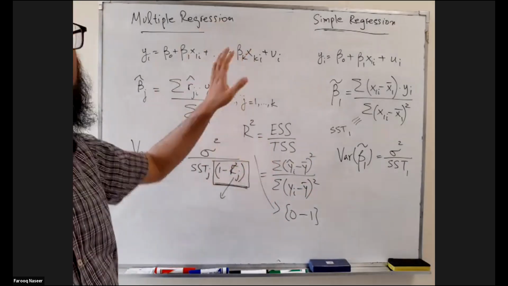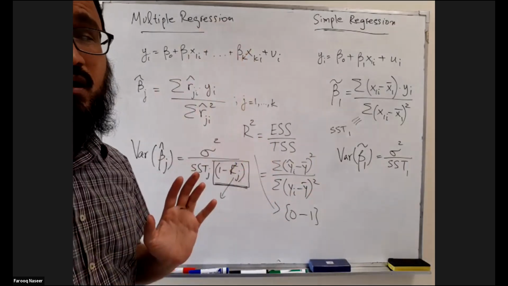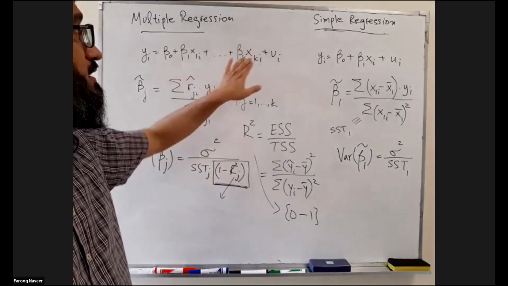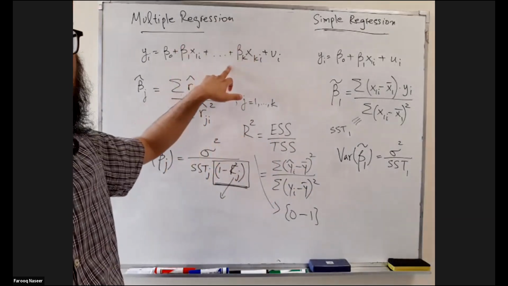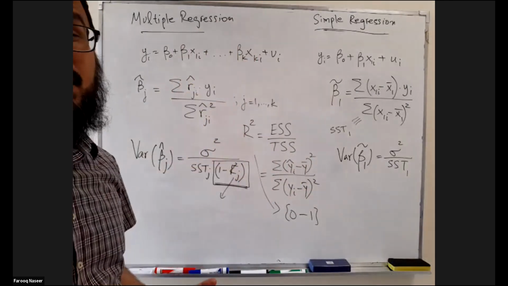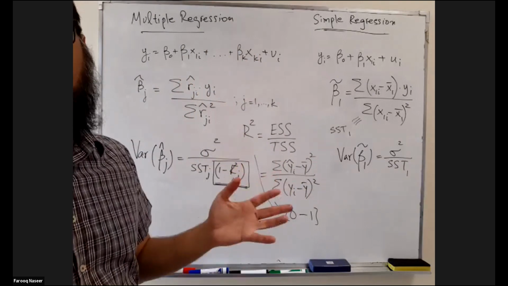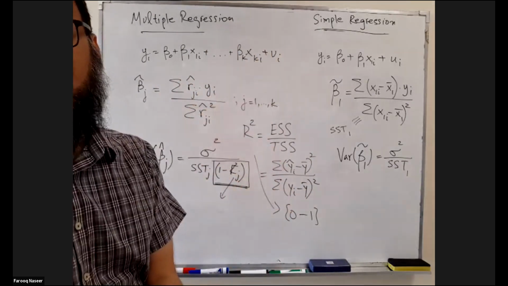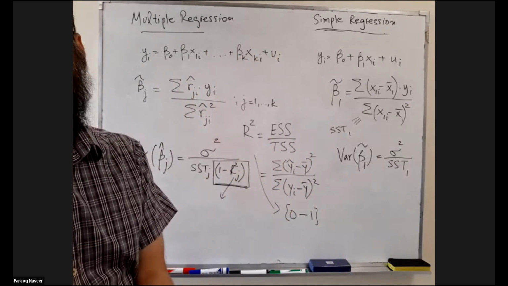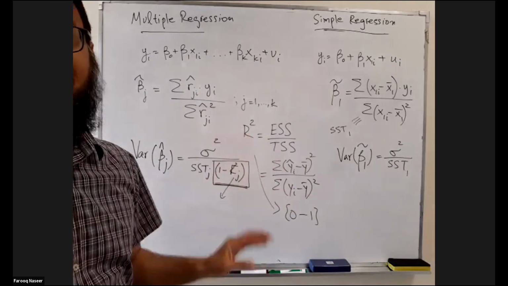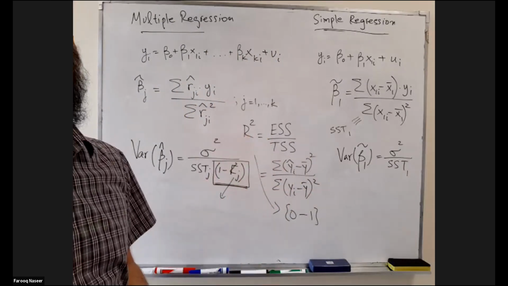If r squared is 0.8, it means this linear model in the different x variables explains 80% of the variation in y. The error term accounts for the remaining 20%. The residual sum of squares is 0.2, and the explained sum of squares as a fraction of the total sum of squares is 0.8.